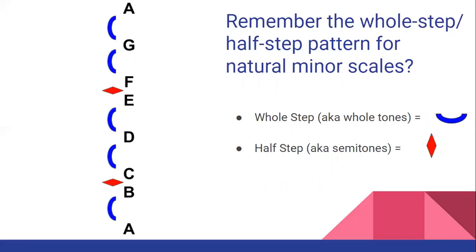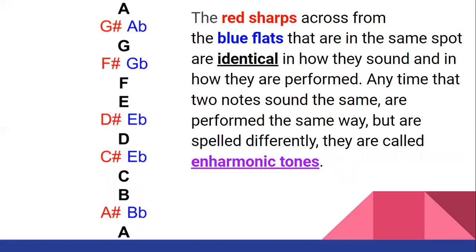What about minor scales? It had a different pattern of whole and half steps. Ultimately, that doesn't change very much because we still use the same pattern to replace the notes in between. A sharp is still identical to B flat, and so that is an example of two different enharmonic tones.